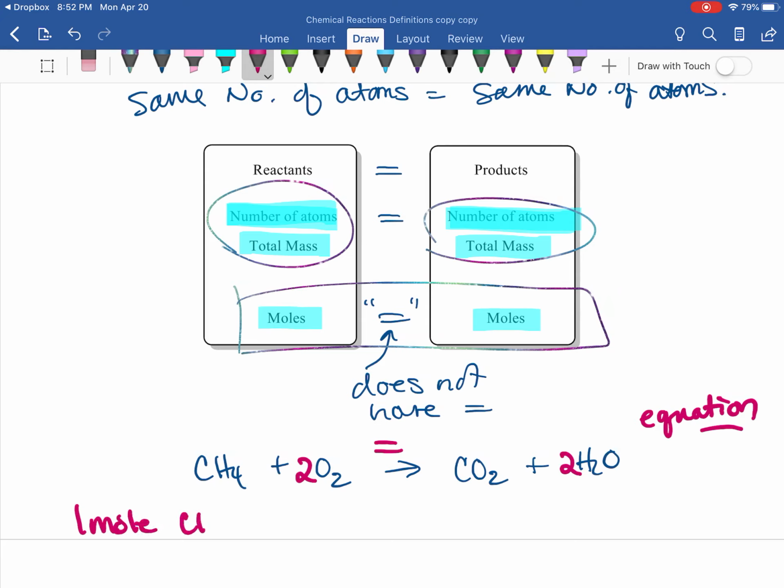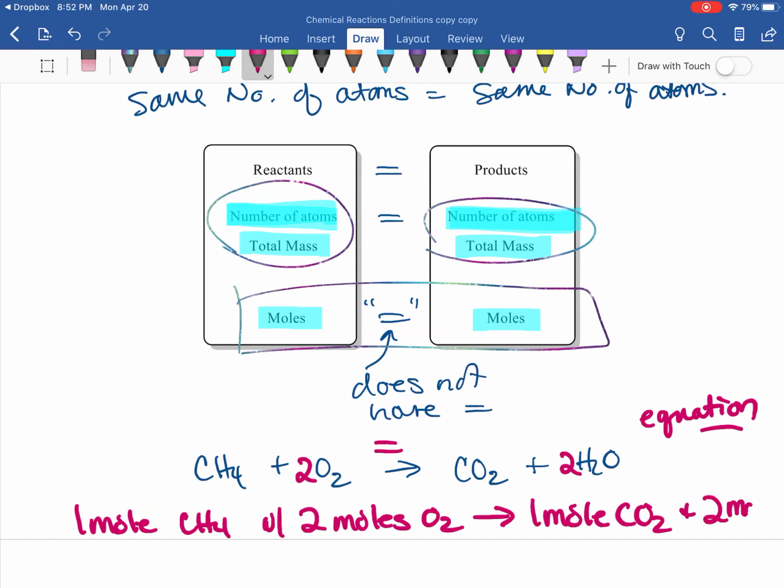This is an actual equation, and we are going to do math with it. And what we're saying is 1 mole of methane reacts with 2 moles of oxygen to produce 1 mole of carbon dioxide and 2 moles of water.